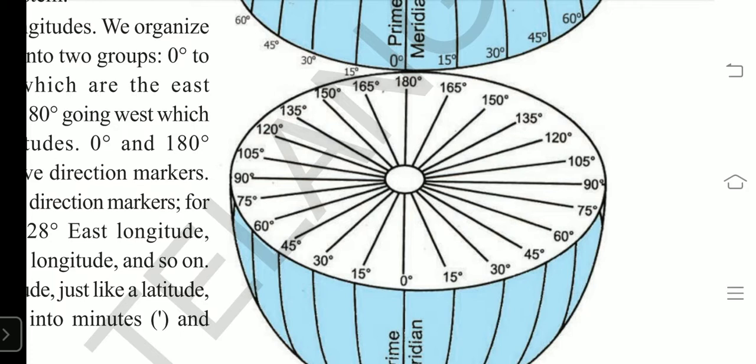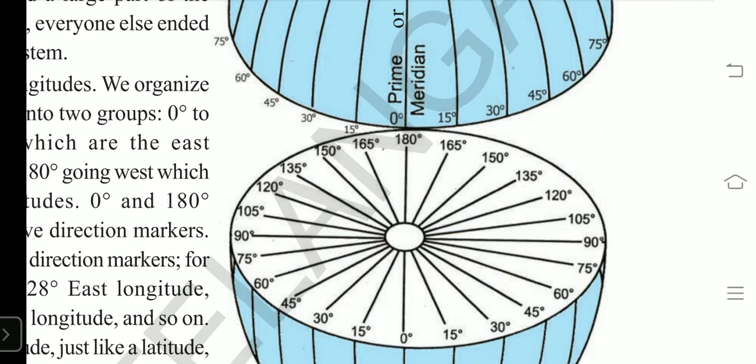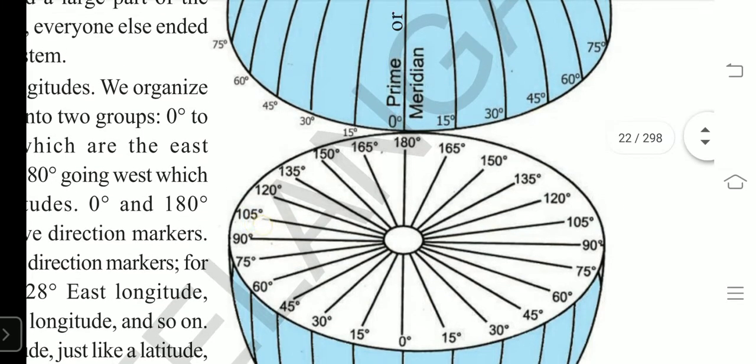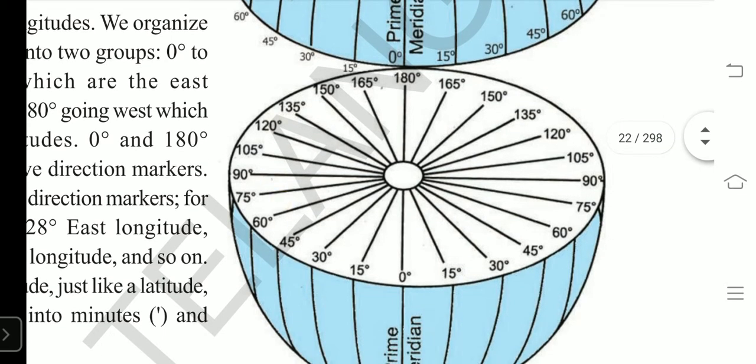Understand? So what I want to say is that these two longitudes, the 0 degree Greenwich meridian and the 180 degree longitude, will not carry any direction. East and west directions are not applicable to the 180 degree longitude and the 0 degree longitude, right? So totally we see here 179 longitudes in the Western Hemisphere which carry the direction west.